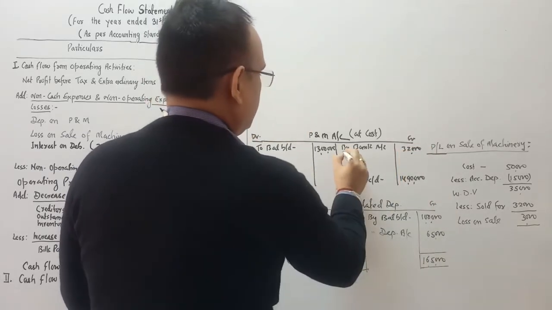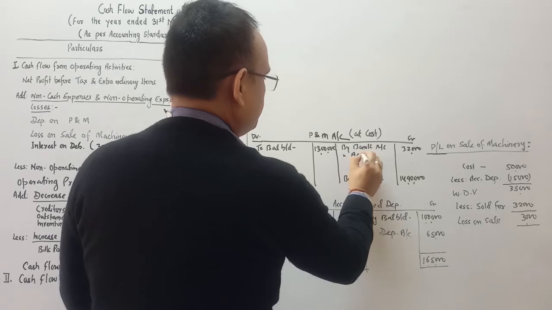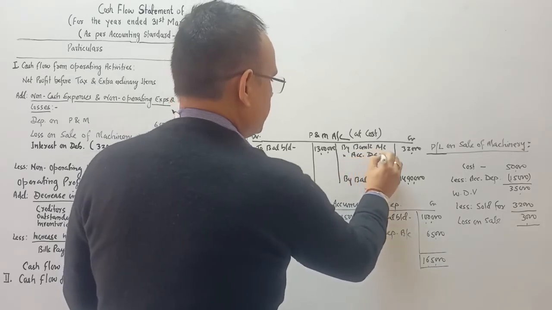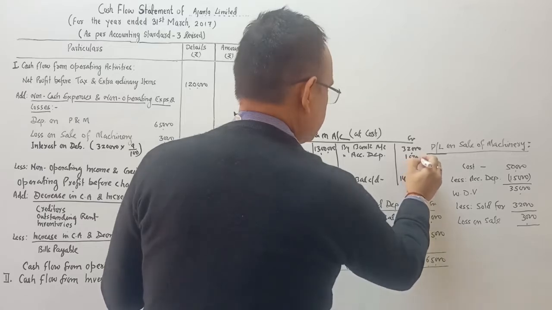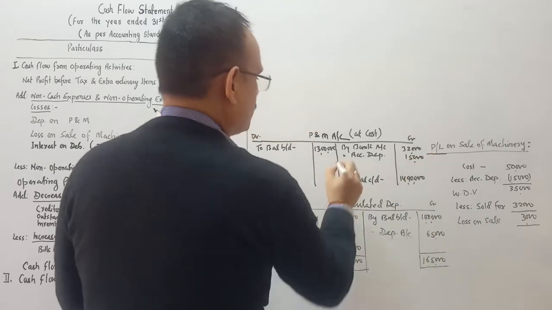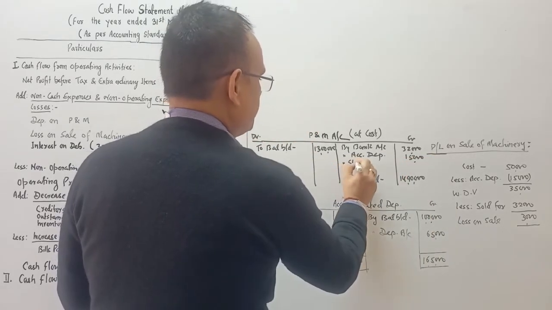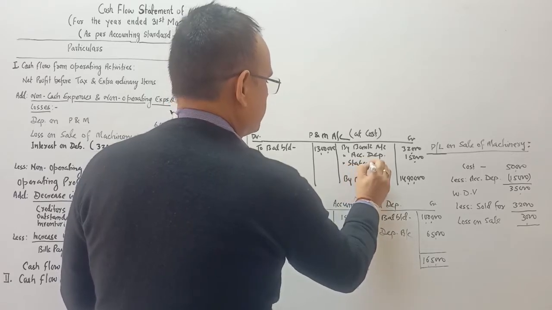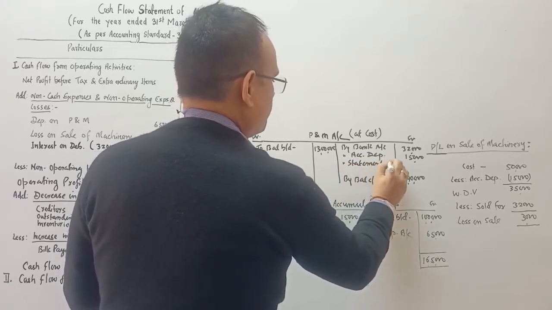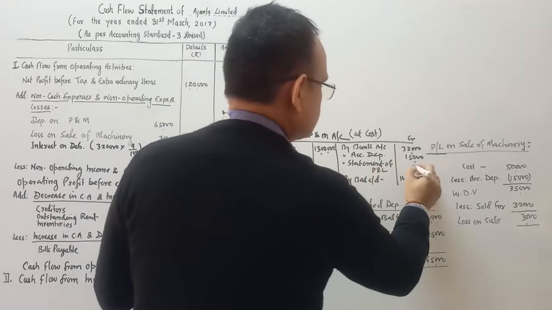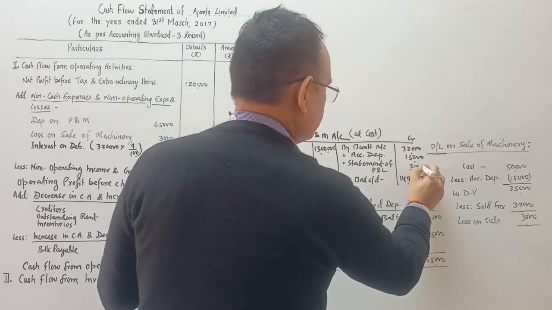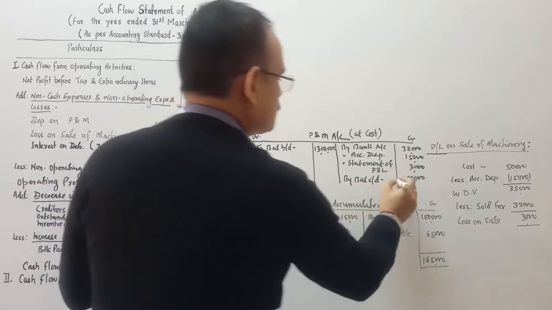And the accumulated depreciation on that machine is 15,000, and there is a loss, which goes to the statement of profit and loss, which is 3,000. So you do the total.